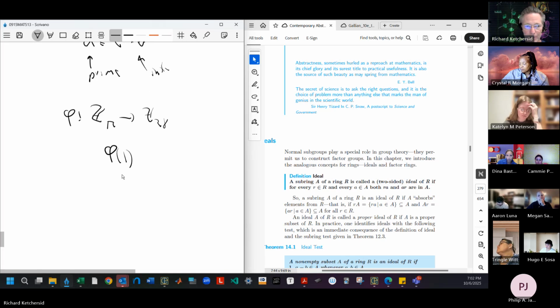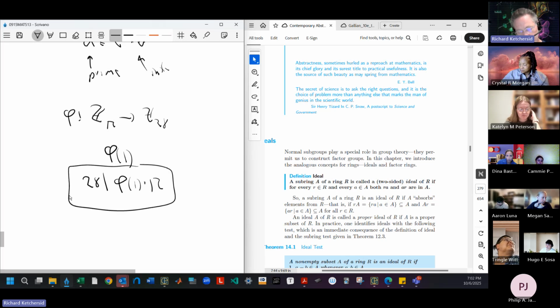On the group side, in order for this to be a group homomorphism, 28 has to divide phi 1 times 12, whatever you multiply that by. So we're looking at what group homomorphisms there are between these two structures.